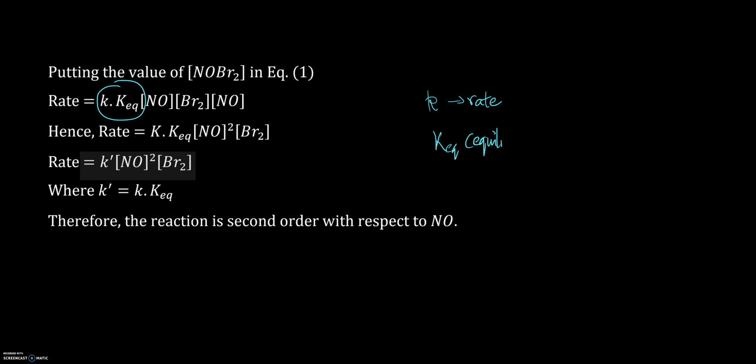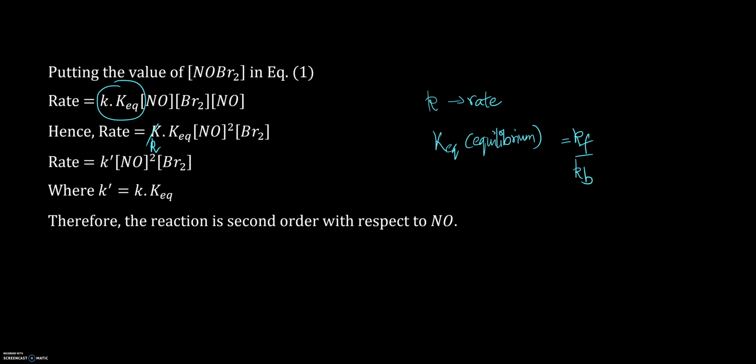This is a convention, and usually the equilibrium constant is equal to small kf by small kr. A bit of theory, it's good to keep this in mind while you're solving questions. You don't need that specifically, but it's good to always remember this theory. Anyway, the rate here would be, this should also be a small k.